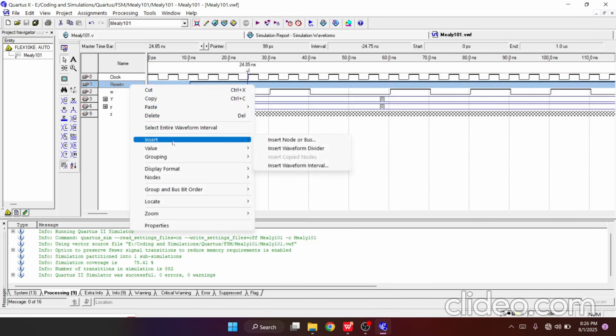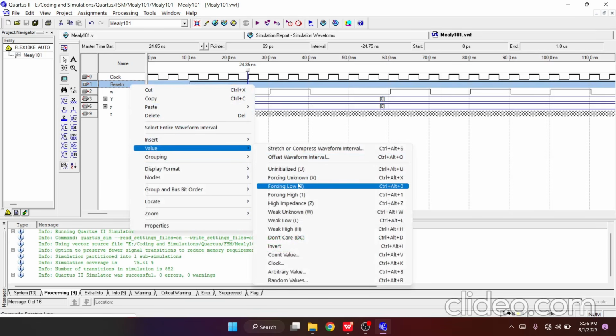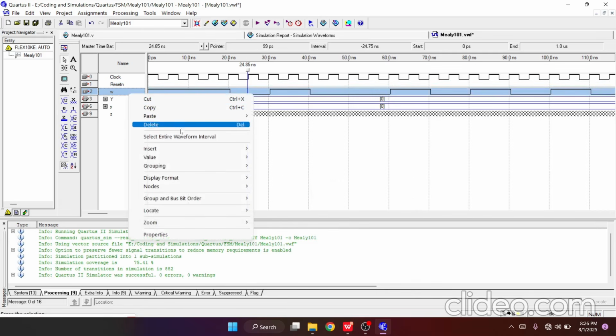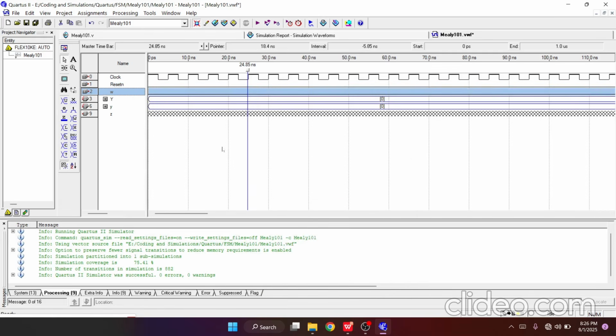Seeing low, seeing low. So basically it takes from here to here.